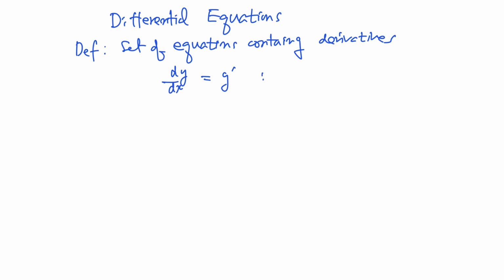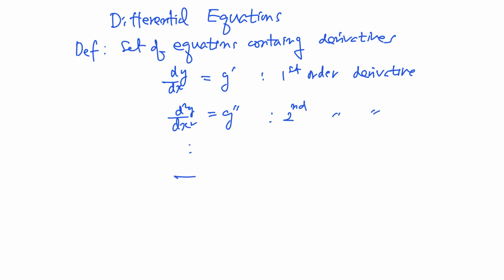This is called first order derivative. dx squared, d squared y: second order. nth order derivative.